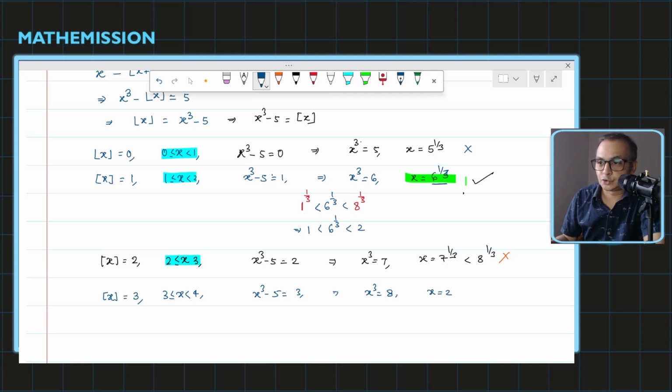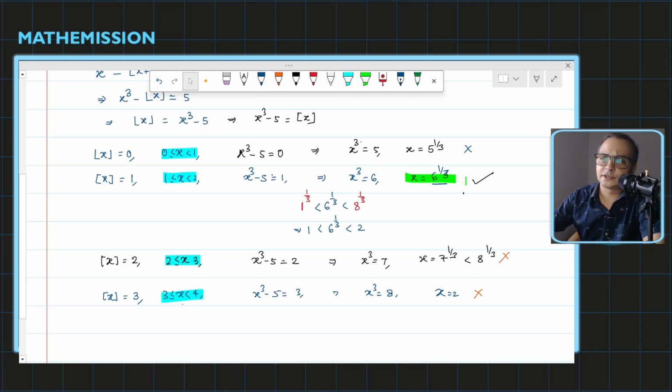When x equals 2, I have a very nice number, an integer. So many students can say, oh, we got the integer solution here. But you see, this x equals 2 is again not lying in this interval. x equal to 2 is not in this interval. Therefore, x equals 2 is also not our required solution.